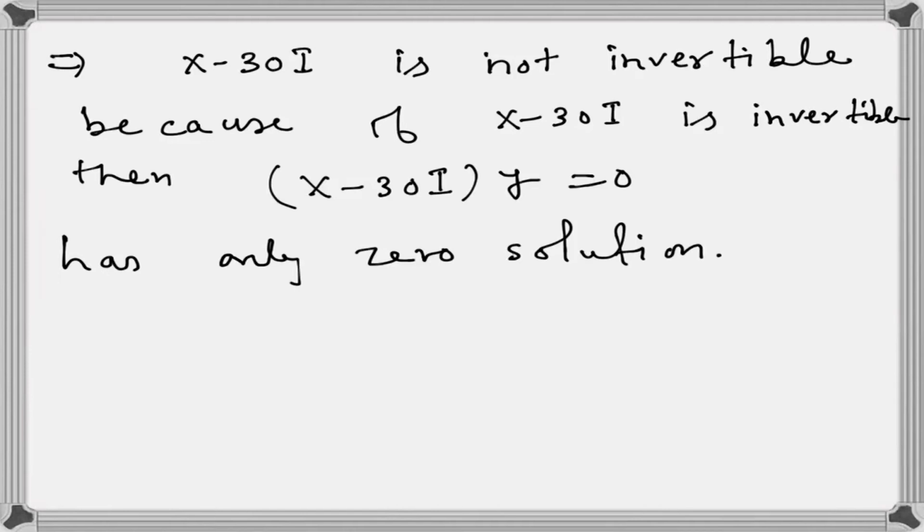But in this case we have a non-zero solution, which is (1,1,1). Okay, so this is the reason that X minus 30I is not an invertible matrix.